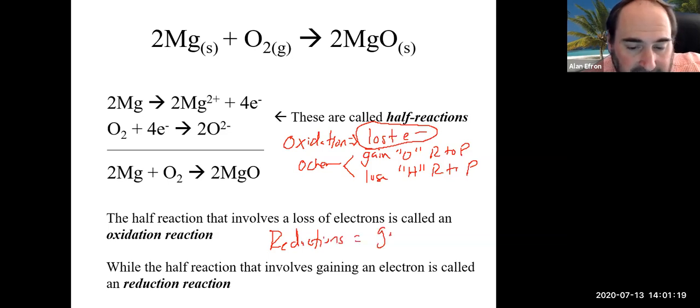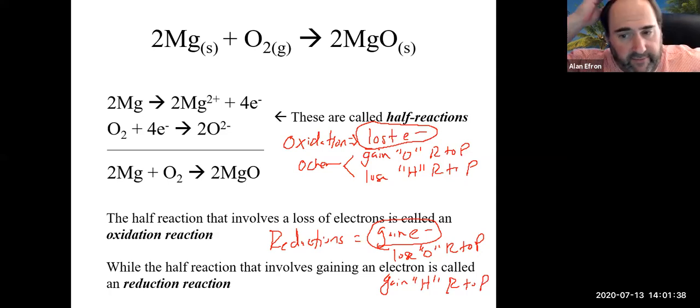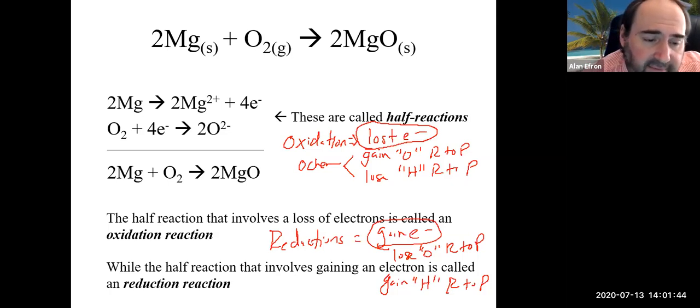So as we talked about, the gaining of electrons, which is mainly what we deal with here, but it could also be the loss of oxygen as you go from reactants to products, or the gaining of hydrogen, which again is usually H2, as you go from reactants to products. So if you continue on to OChem or something like that, you oftentimes will see oxidation and reduction spoken of in terms of hydrogen and oxygen happening.